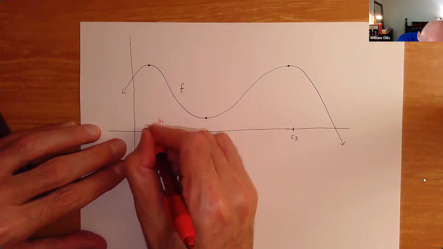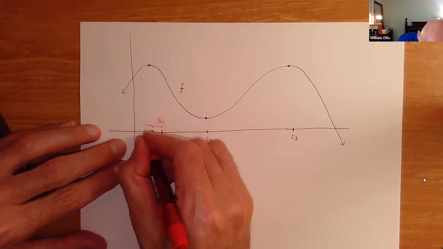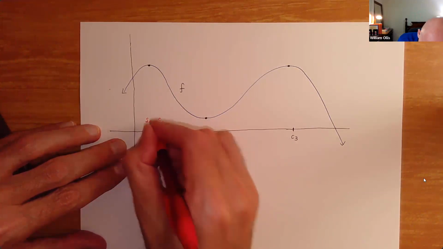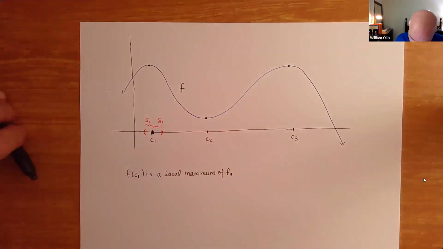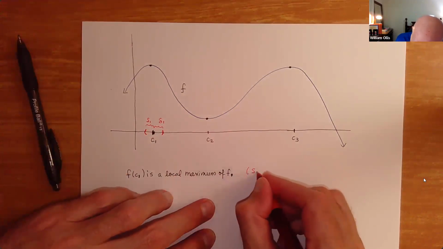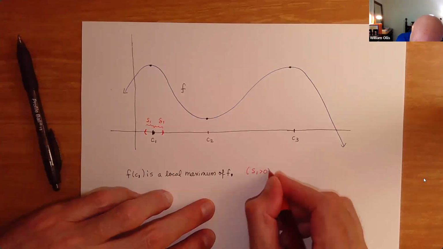So the length on either side from C1 to the endpoint here is just delta 1. So again, we'll take delta 1 to just be a positive number.